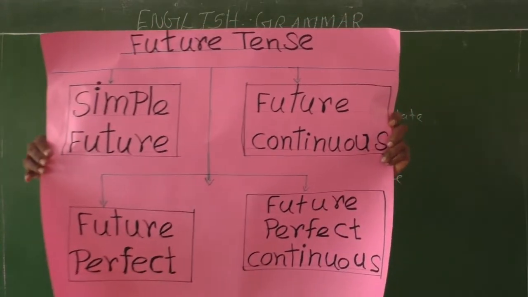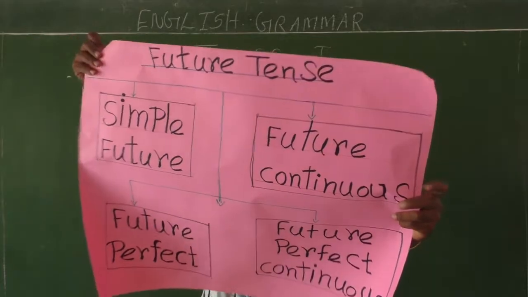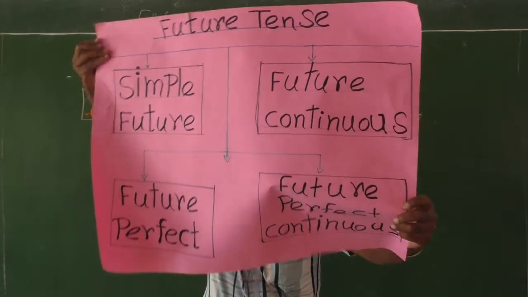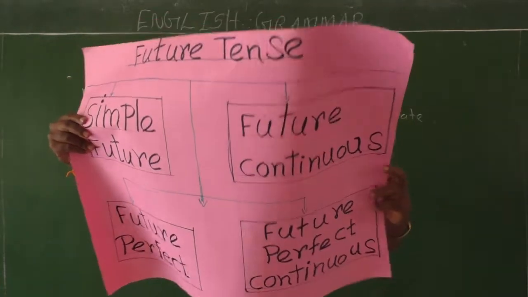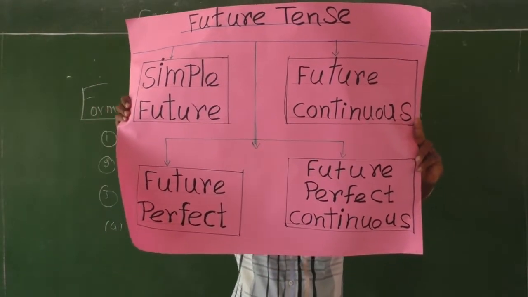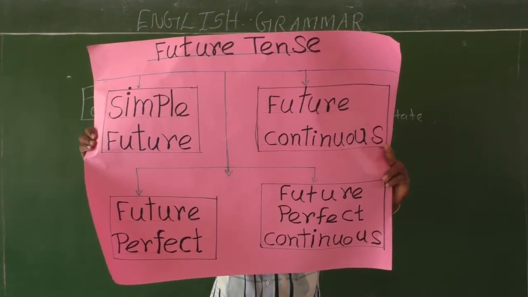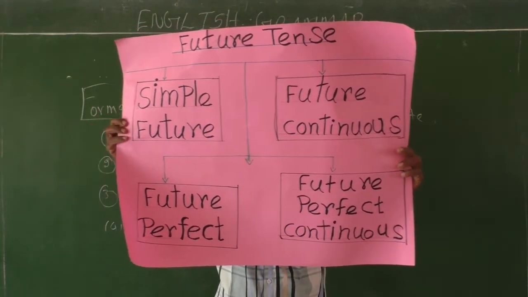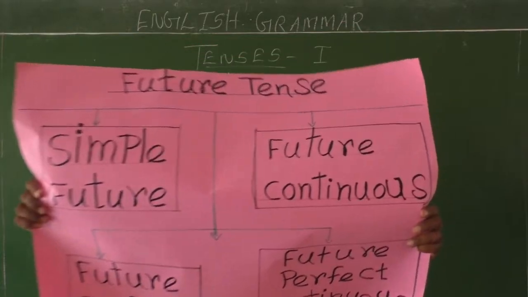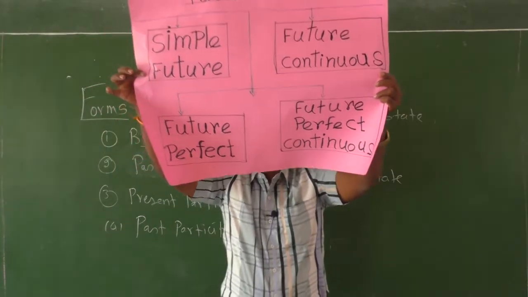So altogether we have 12 tenses: simple present, present continuous, present perfect, present perfect continuous. Then past tense: simple past, past progressive, past perfect and past perfect progressive. Future also: simple future, future continuous, future perfect and future perfect continuous.